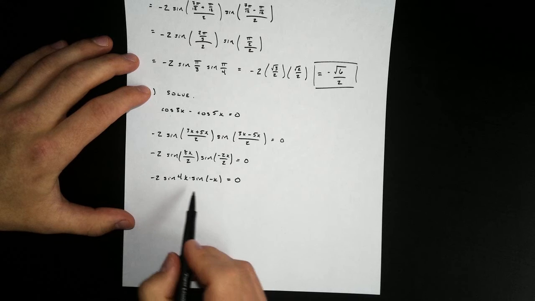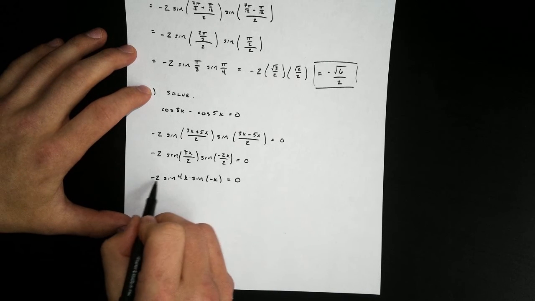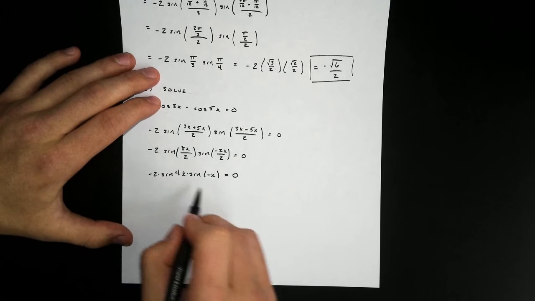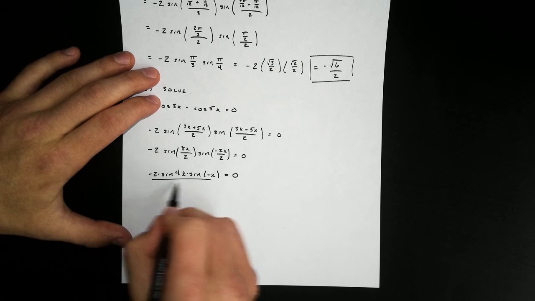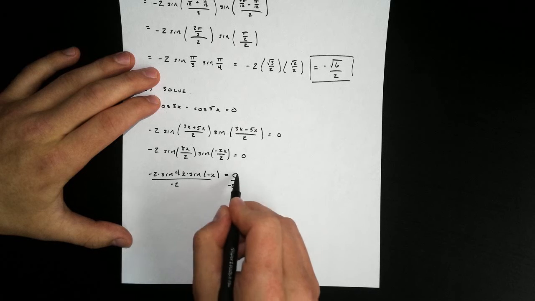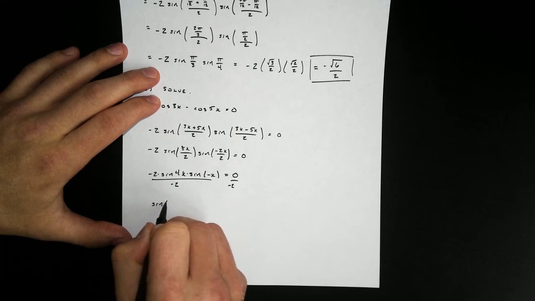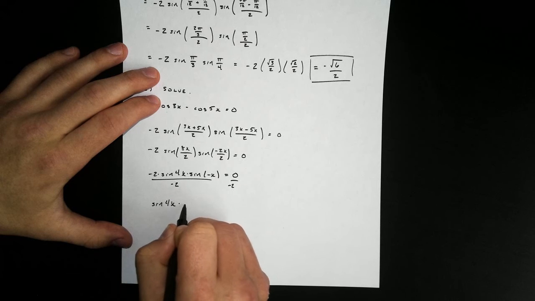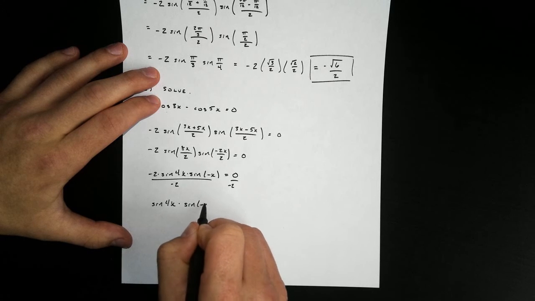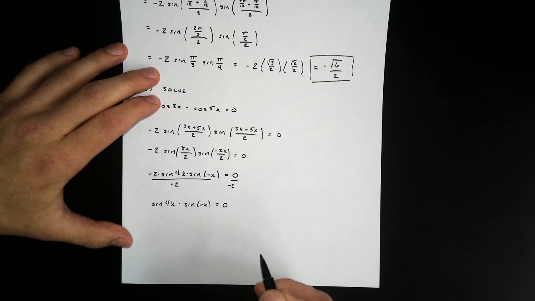Okay, so one thing we can do is we have a -2 here, so we can divide both sides by -2. 0 divided by -2, that just stays as 0. So the sine of 4x times the sine of -x is equal to 0.